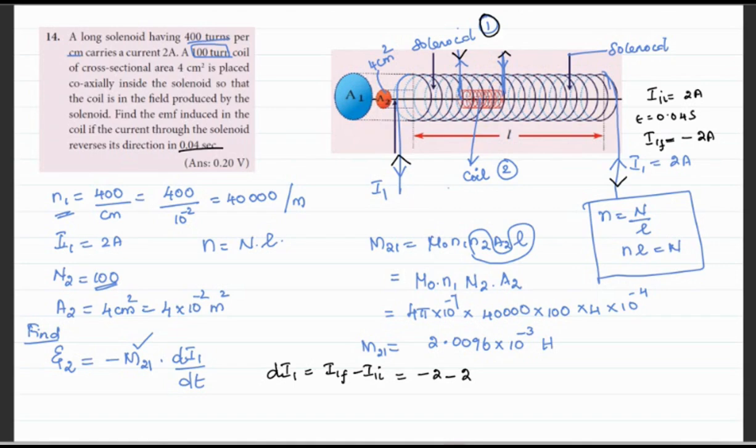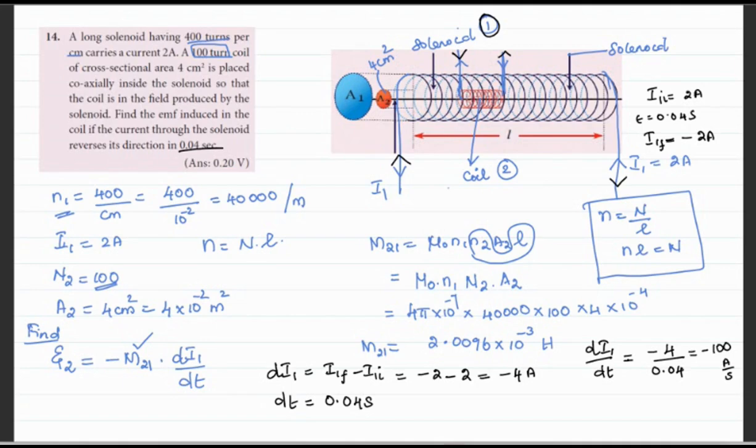So this becomes minus 4 amps, and this was happening in a time of 0.04 second. Now di1 by dt is equal to minus 4 by 0.04. So this is minus 100 amperes per second.